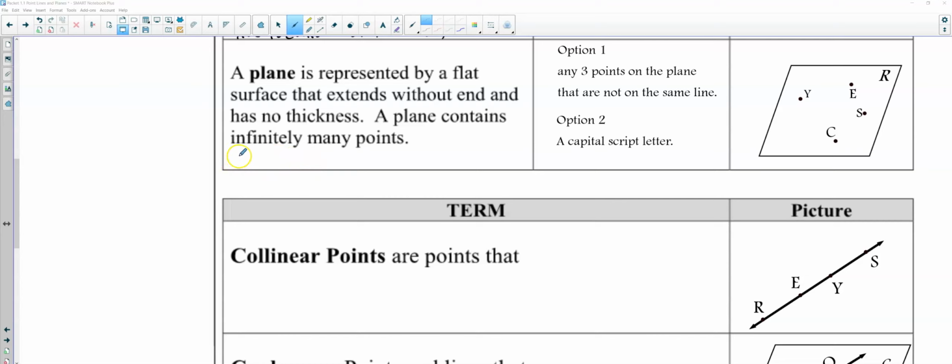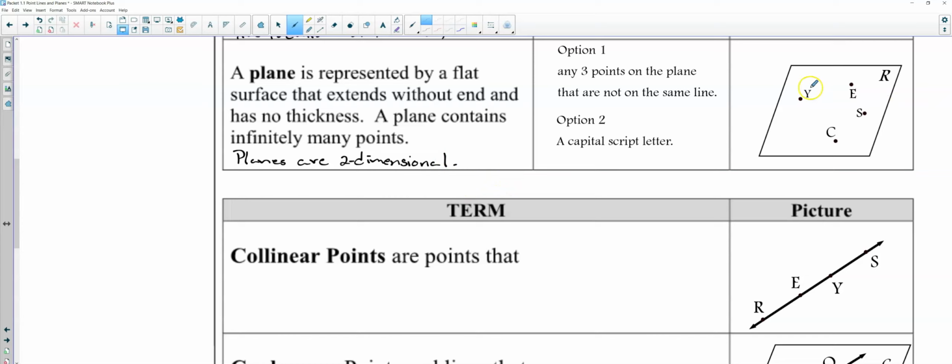Planes are two-dimensional, or they have two dimensions, right? So you could go in any direction in that flat surface.